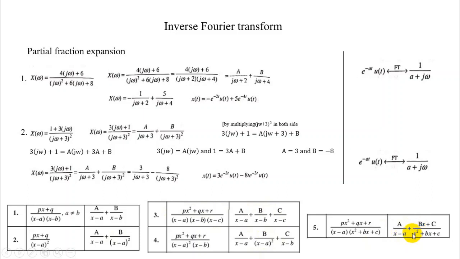After that, you need to multiply both sides by the denominator of the left side, as like that. After equating the real and imaginary parts, ultimately you will get the values of A and B. So this was the procedure, and it can be followed for this case too.